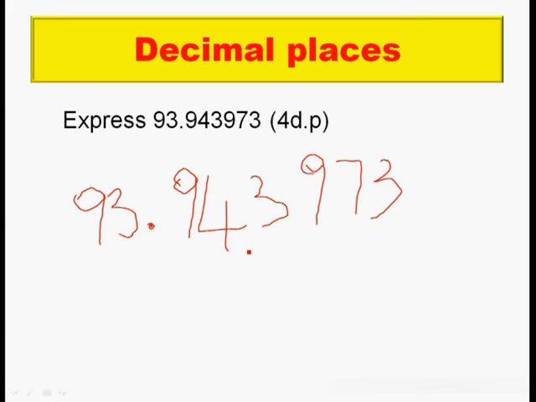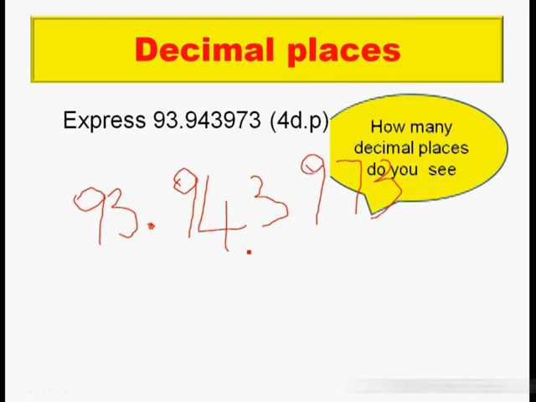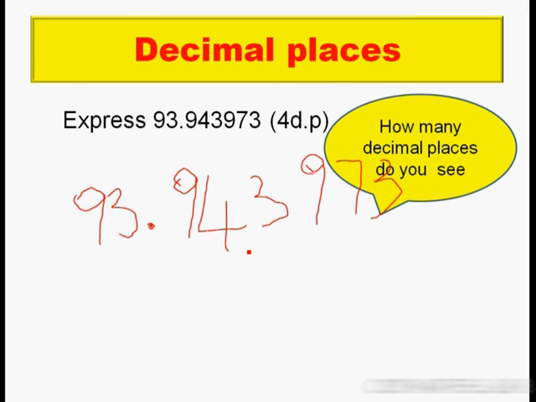You know my question, don't you? How many decimal places do you see? Let's count. 1. I start to count after the decimal point. So 1, 2, 3, 4, 5, 6.